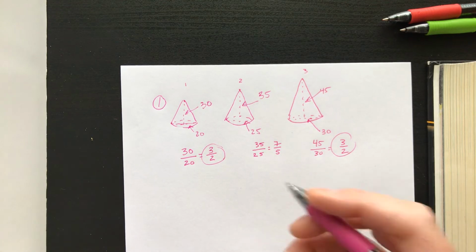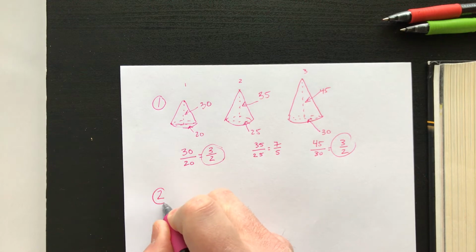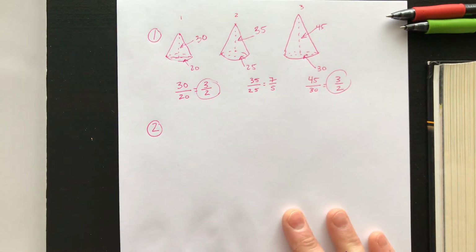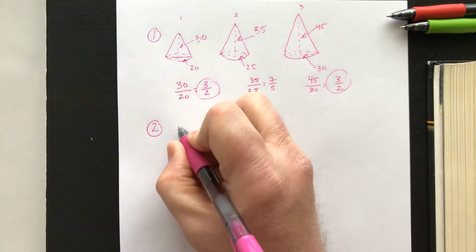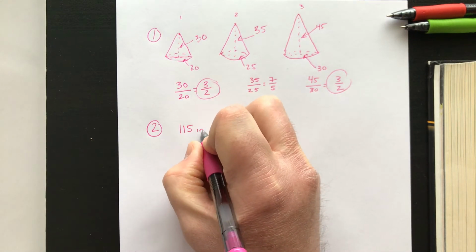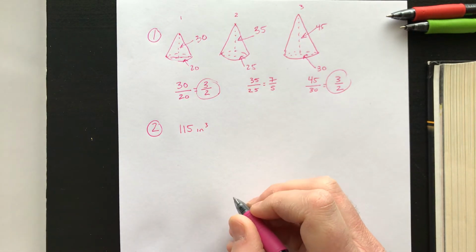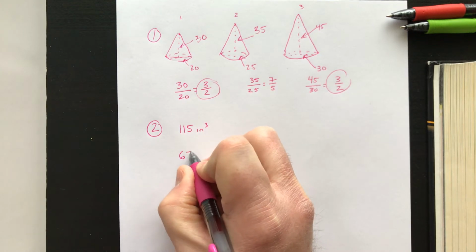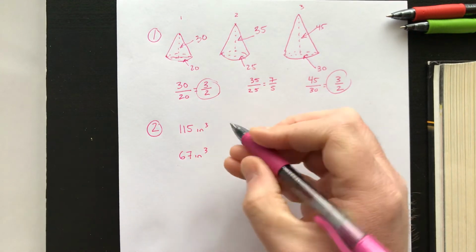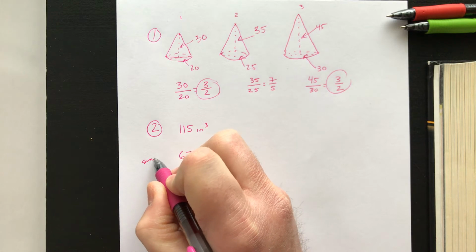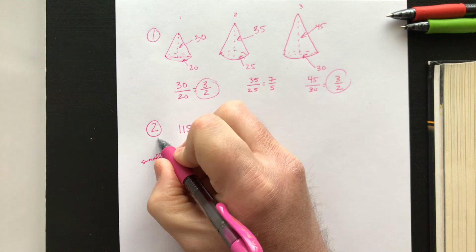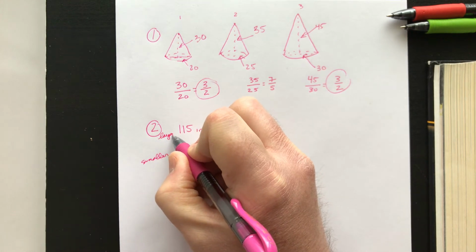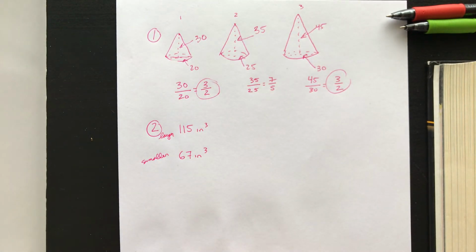Now, let's do number 2. Number 2 is where we need to start doing some work, all right? They say the volumes of 2 similar containers are 115 inches cubed and 67 inches cubed. So obviously, 67 is the smaller container, and 115 would be the larger container, okay?